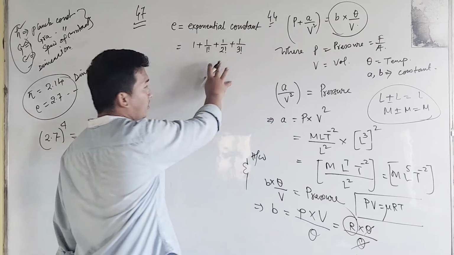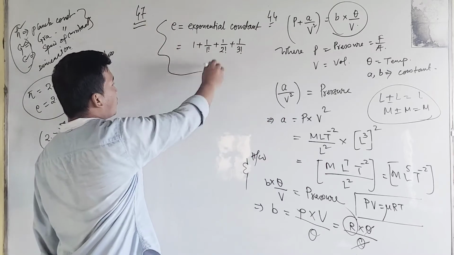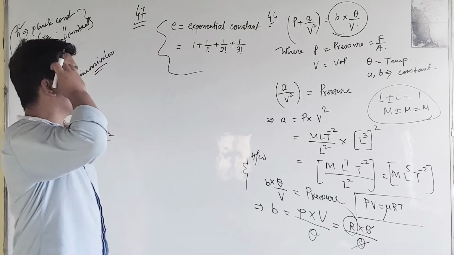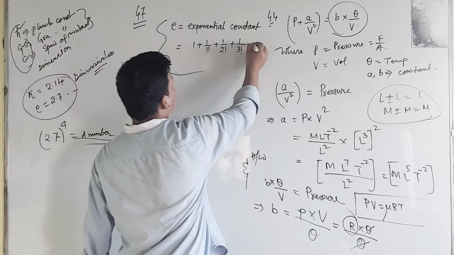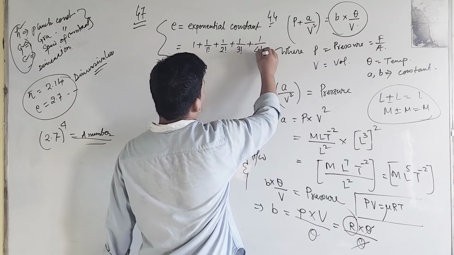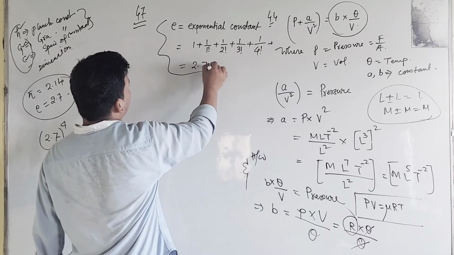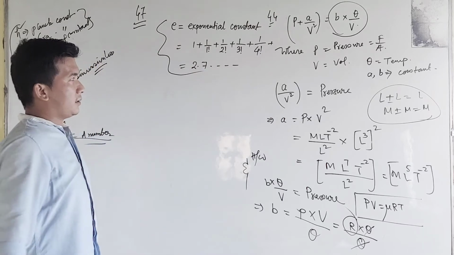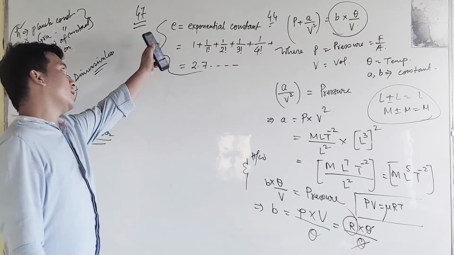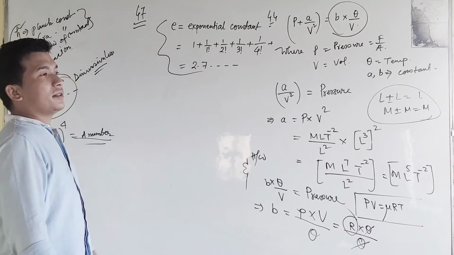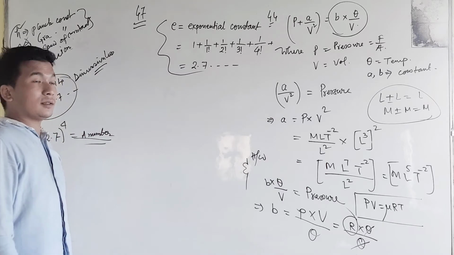This is not important, it is for your general understanding. Its value will be 2.7 something. This is known as the exponential constant.